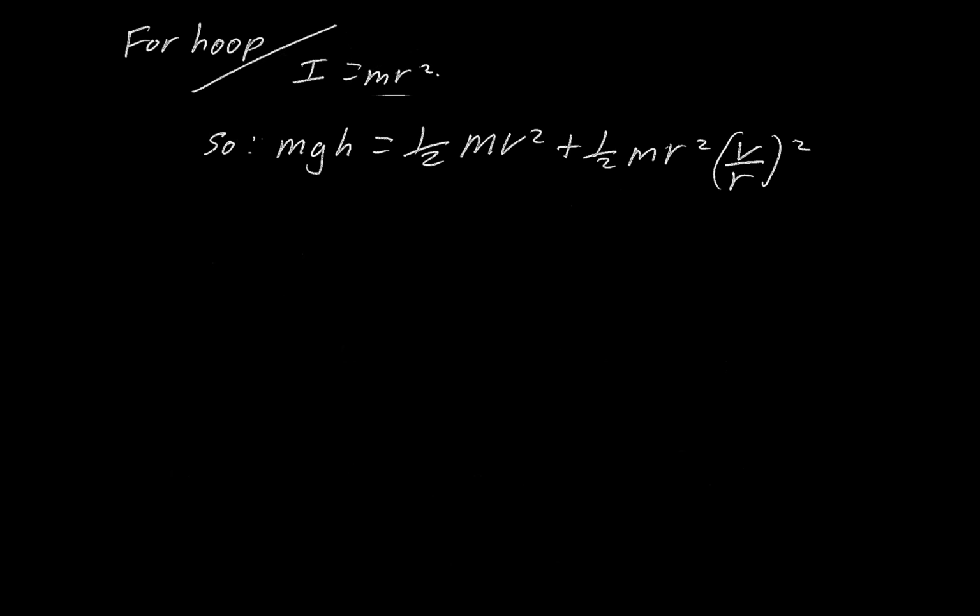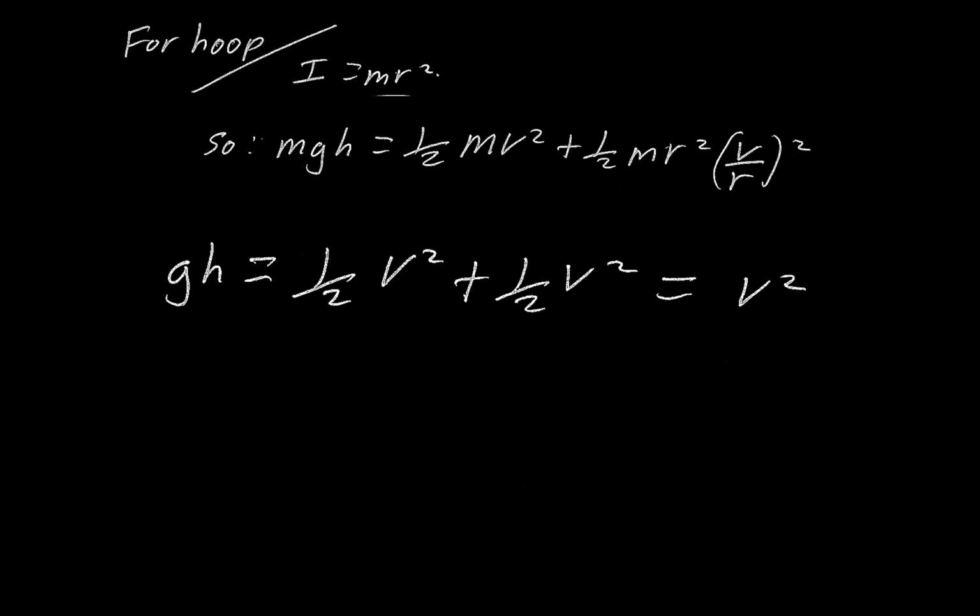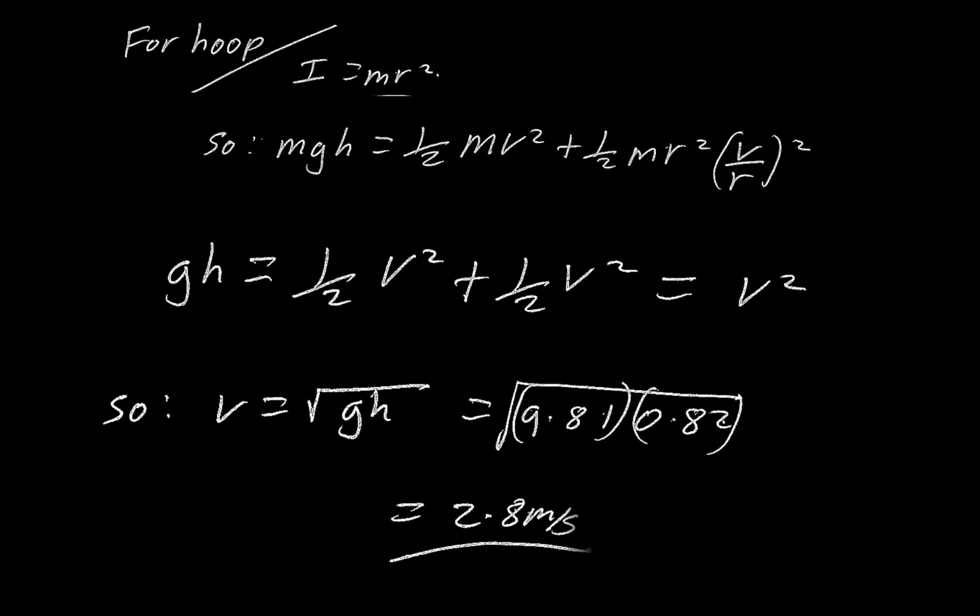And so then mgh, cancel our m's again. gh will be 1/2 v squared plus 1/2 v squared, which will equal v squared. So v is equal to the square root of gh. Let's substitute in. This is 9.8 times 0.82. That gives us 2.8 meters per second.